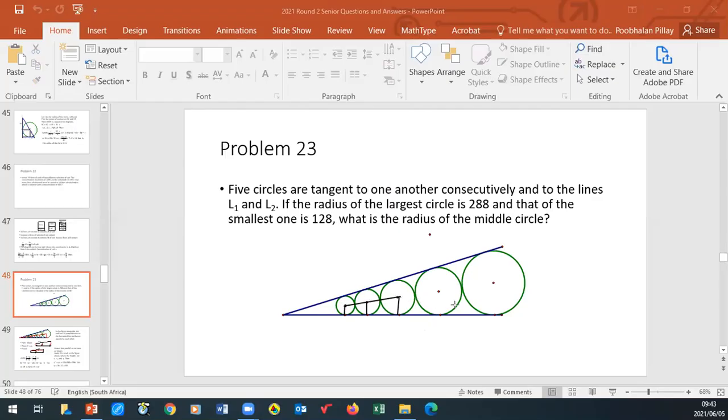So what I said before was not irrelevant. They all lie on the bisector. And I'm going to analyze this diagram here. This is A, this is B, and this is C. I'm going to try to find the relationship between these radii. That is the goal.